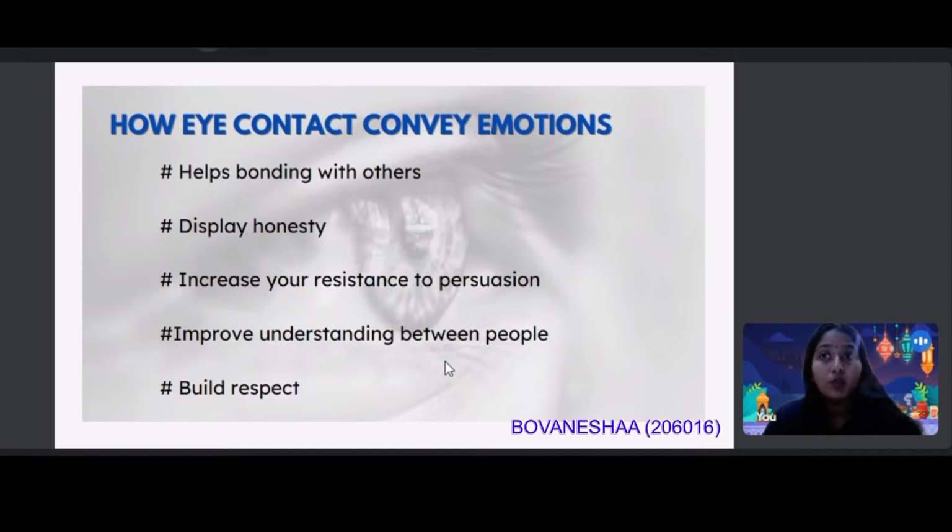When you talk to people and make eye contact, you are actually conveying your emotion to them, your inner emotion. So it's different when you message someone through WhatsApp, through social media, or through a written message. When they read the message, the emotions they think it carries might be different.